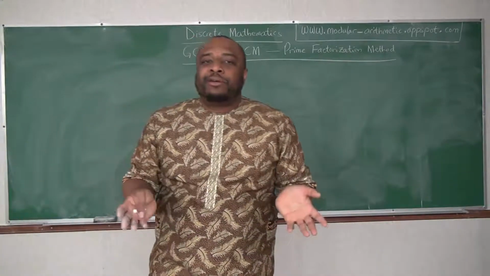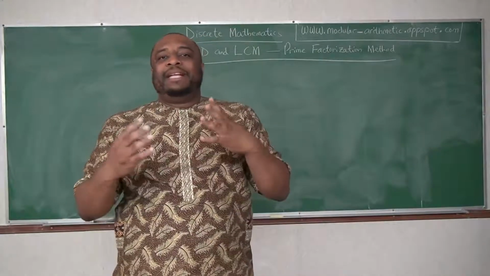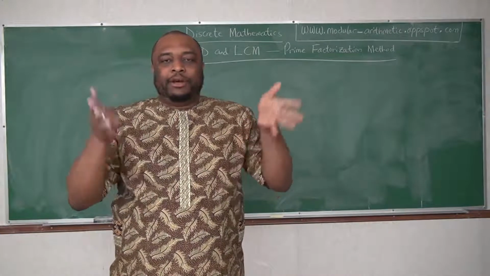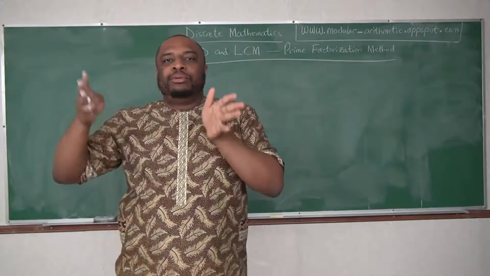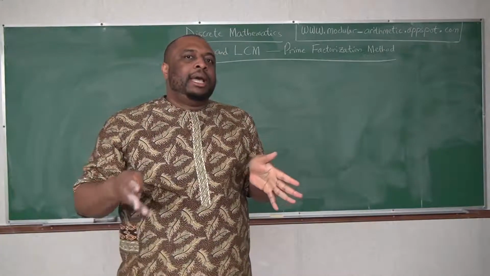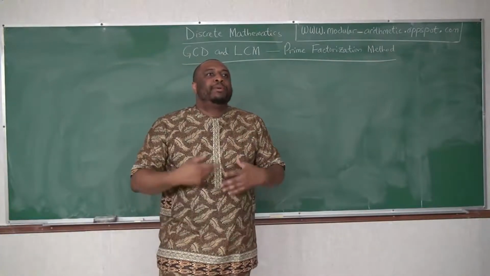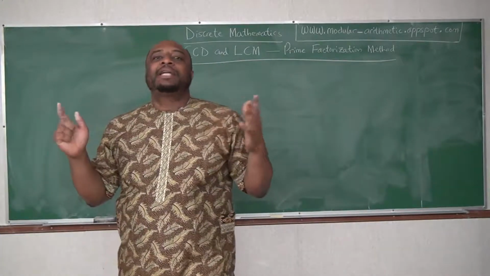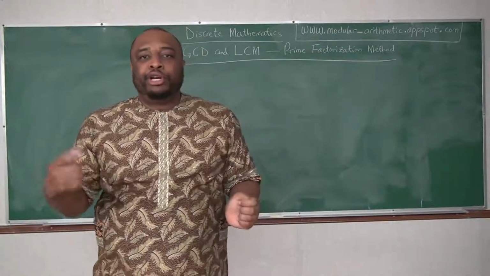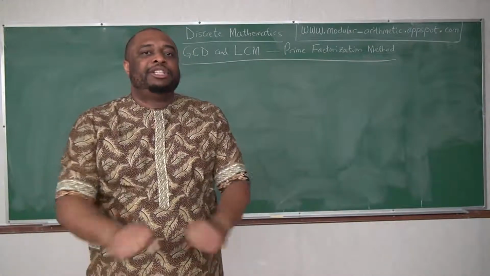What is the prime factorization method? What is prime factorization? It simply means break the numbers into a product of prime numbers, in other words, prime factors. We want to find the factors of those numbers that are prime numbers, as a product of prime numbers. That is simply what prime factorization means.